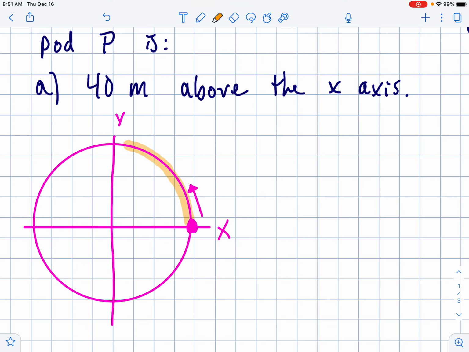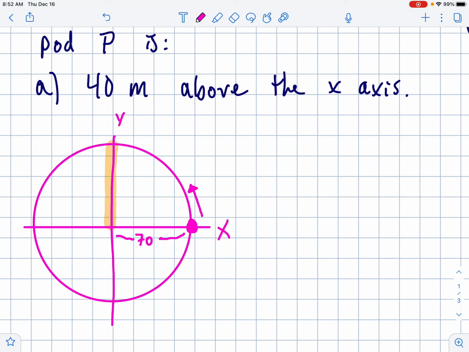So if you picture your pod P traveling around this circle like this, first, if the radius is 70, like if this is 70 meters from here to here, it's going to be 70 when it hits up at the top. So that's the tallest that the pod is going to get off the ground, 70 meters, because that's the radius.